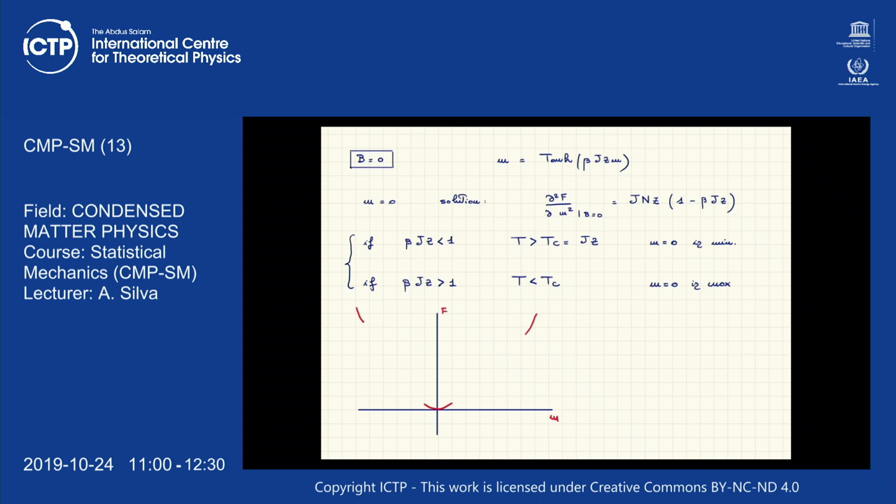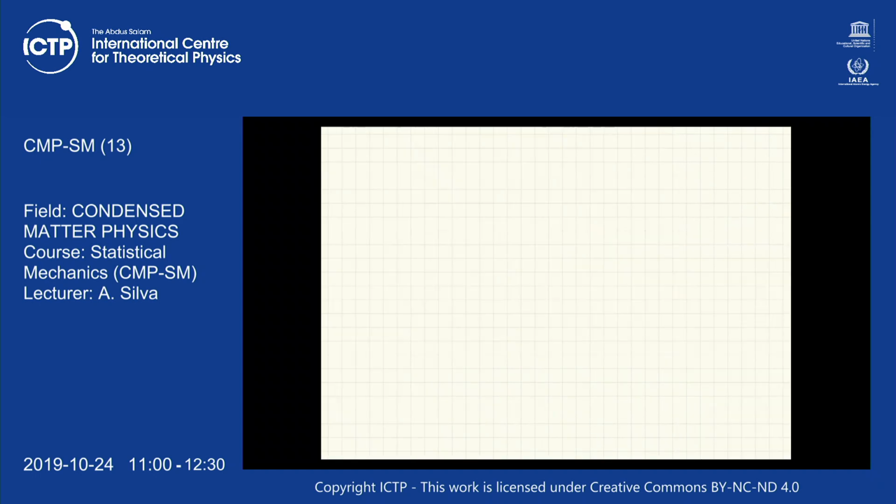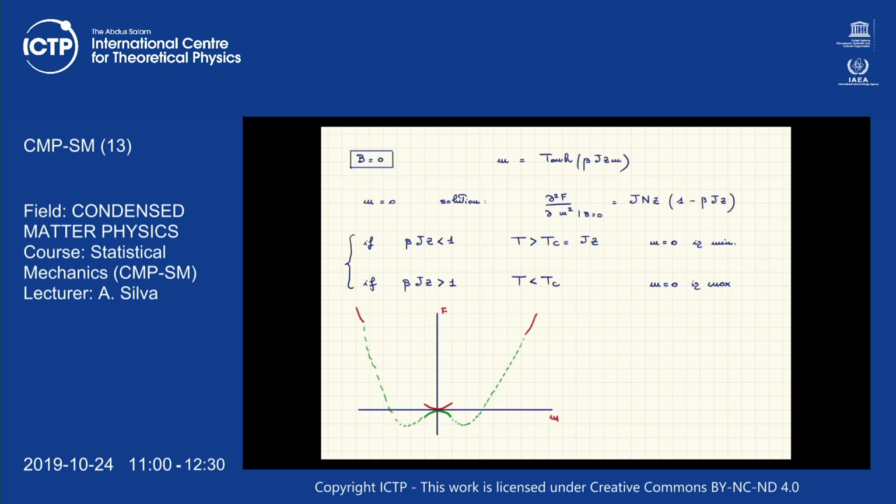For T smaller than Tc, what is going to happen is that your free energy is going to have a negative curvature at this point, which most probably will make it have, we will see it later on, a behavior like this. Okay? So we should have two solutions. And this is indeed the case, as you can see by looking at our original equation, this one.